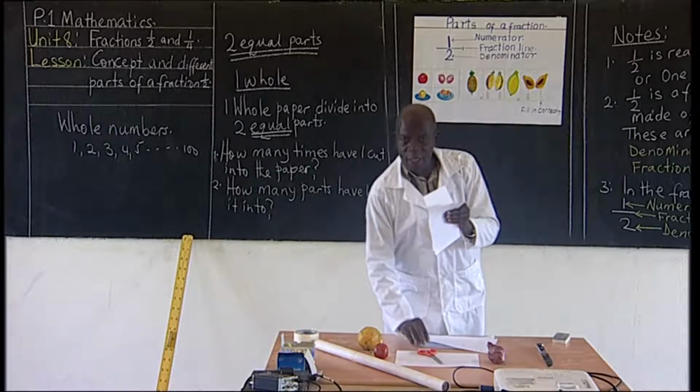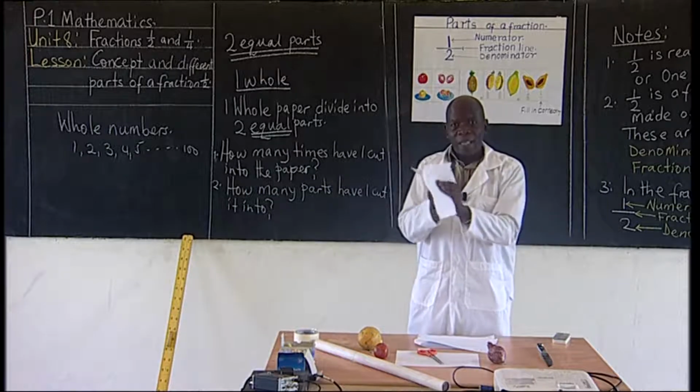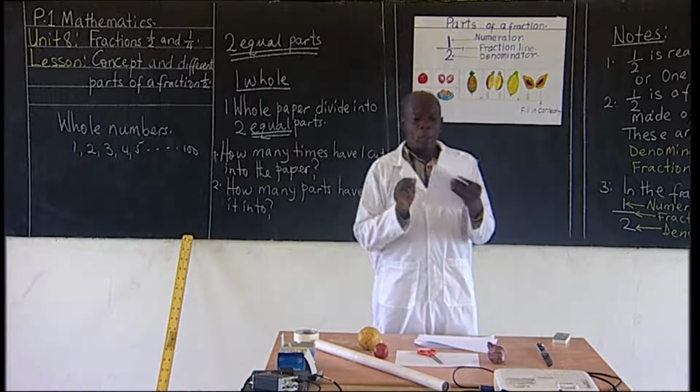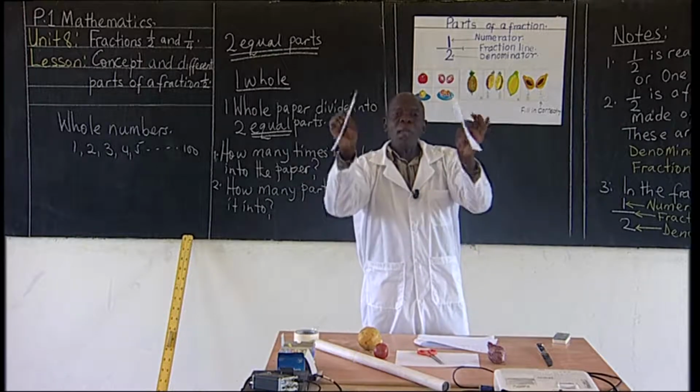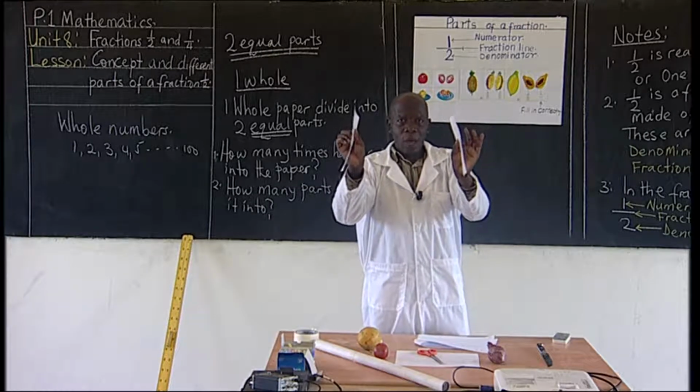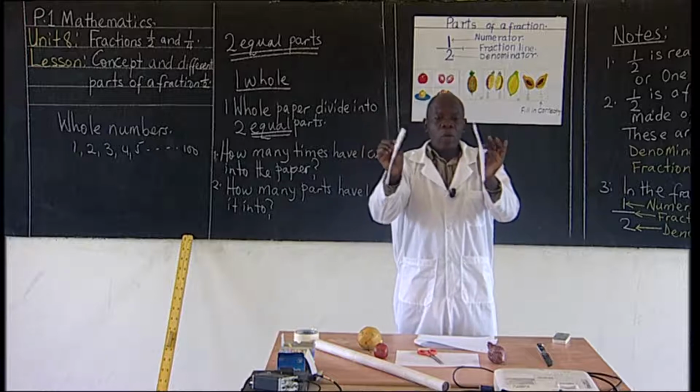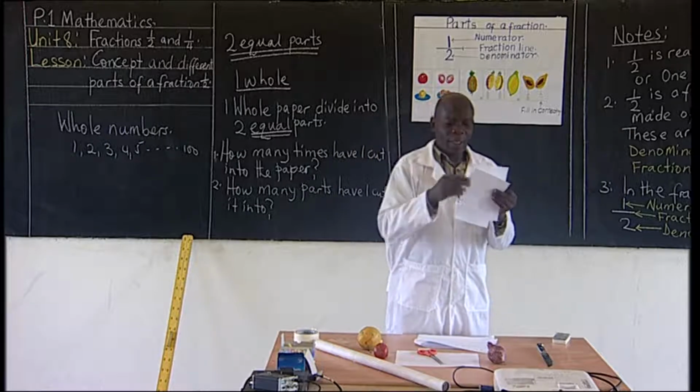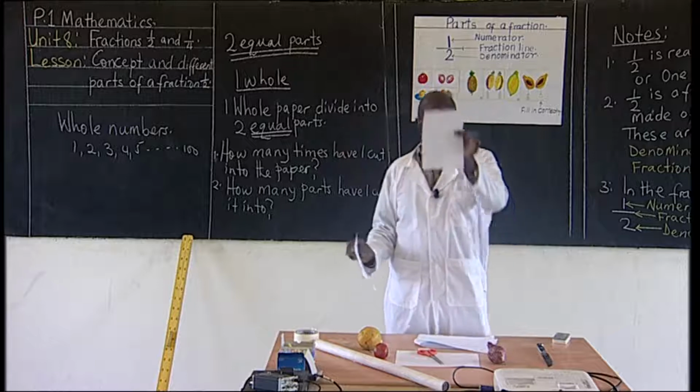The first question is, how many times have I cut it? It is once. You have answered that one. So how many parts? Who can tell me? Good. There are 2 parts. There is this one and this one.